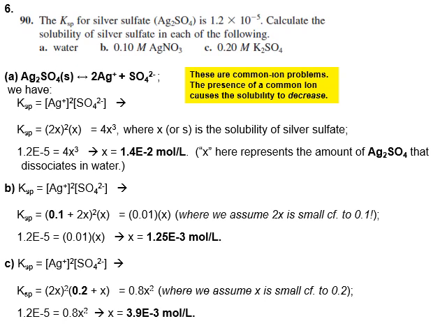So this is a common ion problem. In other words, A isn't a common ion problem, so we just do it the same way we would ordinarily. But B and C are common ions. So in B, we have Ag+, which is common with the Ag+ in silver sulfate up at top. And in C, the sulfate is common.